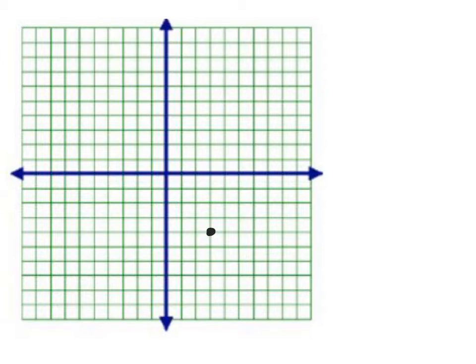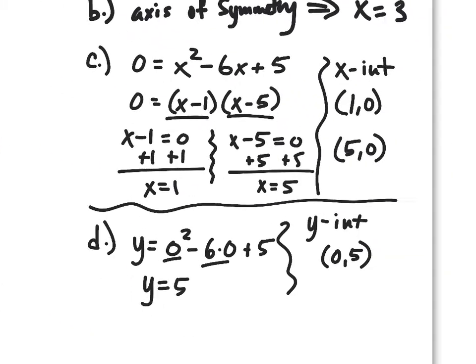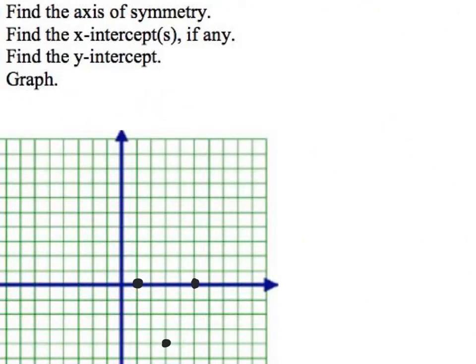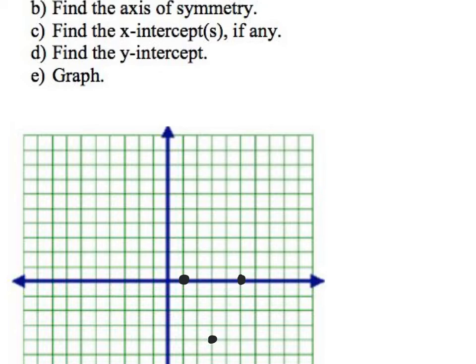I have the points 1, 0 and 5, 0 as those values, and then what was my y-intercept? 0, 5. So 1, 2, 3, 4, 5. And so this is what's going to give me my parabola, just like that.